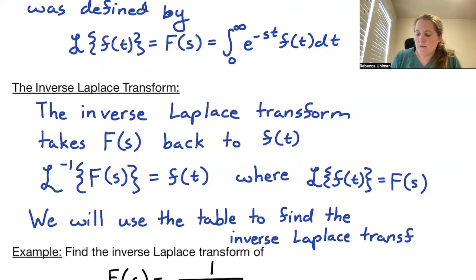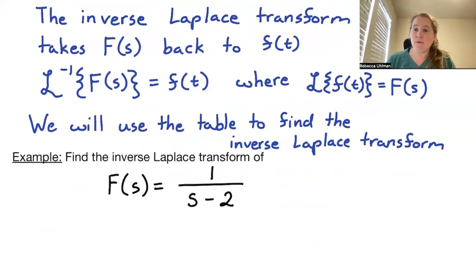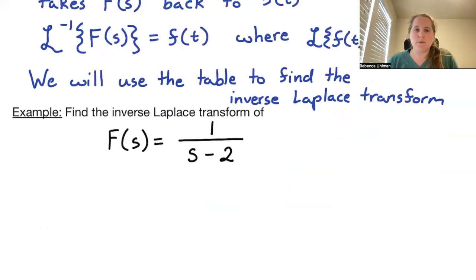We'll start off with a couple simpler examples where the function is already in the form that we need it to be in for our table. And then in future videos, we will see how we can manipulate our F of s to get it into a form that we can use.